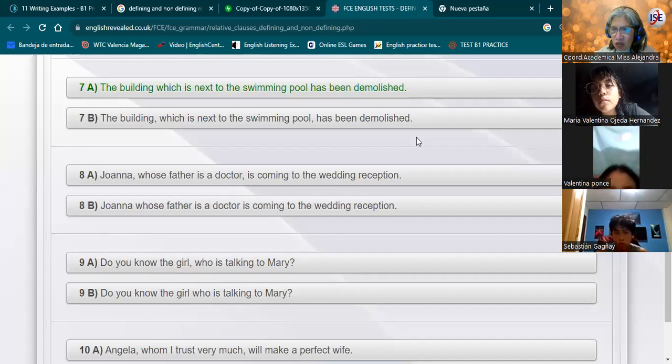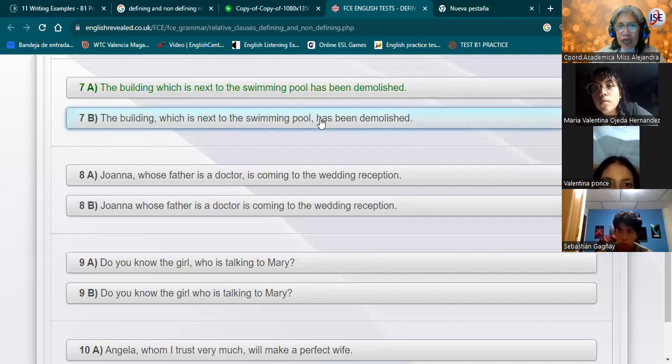The building on the corner, the building opposite my house, the building whose name was Pegasus. So we need this information to understand which building they are talking about.